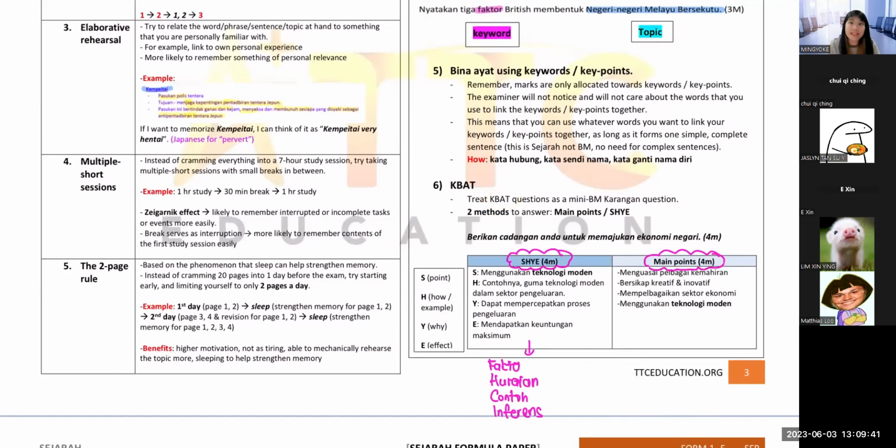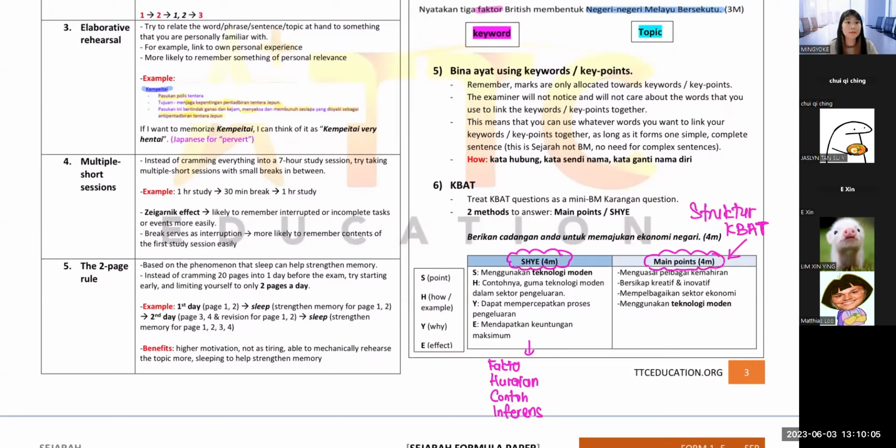If in the exam the structure question is KBAT, to be honest, you can actually use the main point to answer and you get the full 4 marks.